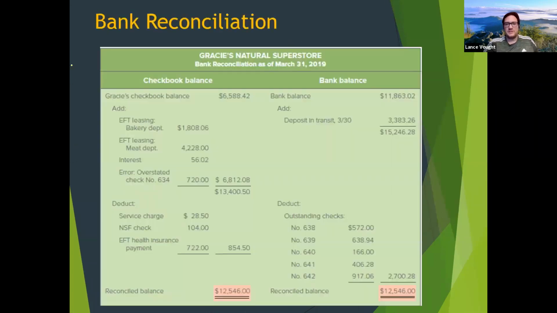So here's an example of what a reconciliation can look like. Again, mine doesn't look exactly like this, but it has a similar structure. This is what you have. This is what the bank has.